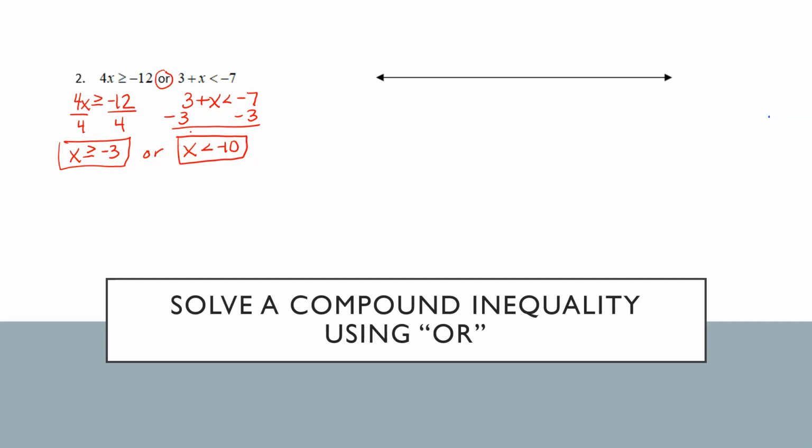So let's go ahead and graph this. I'm going to start here with negative 10, and I'm going to go by ones this time. Okay, so since this left one is greater than or equal to, I'm going to start at negative 3.